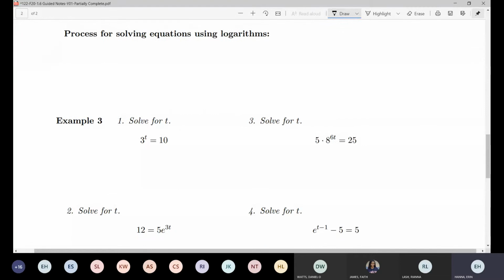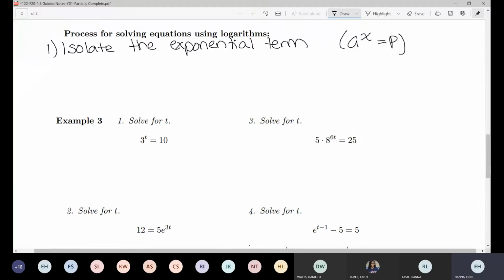So the process for solving equations using logarithms: the first thing you have to do is isolate the exponential term. So you want to end up with something like a to the x equals p.